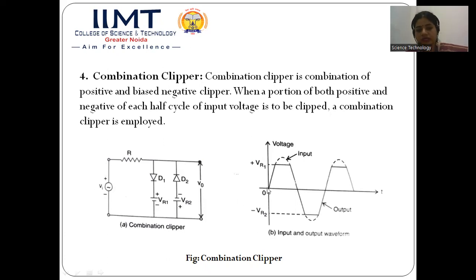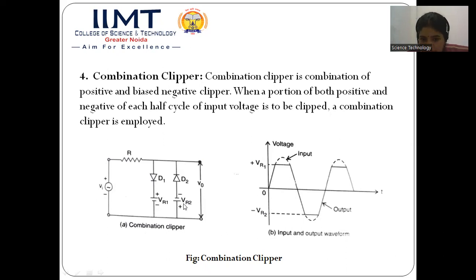So we can say that with the help of the combination clipper, we are able to remove basically both the positive and the negative half cycles of the input waveform. During the negative half cycle, what will happen? This diode will become forward biased and D1 will become reverse biased.